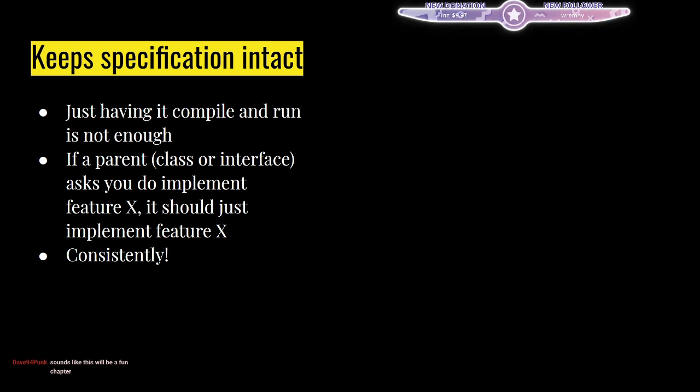A bad example of this would be, imagine a calculator that works with both negative and positive numbers, and then imagine you suddenly make a subclass of that calculator calling it negative numbers calculator for whatever reason. And you pass a positive number and it throws an exception. Well, you just broke the contract. The specification initially said that you can work with all numbers, but if your child works with specific numbers, you're breaking the contract. The specification was not like that before.